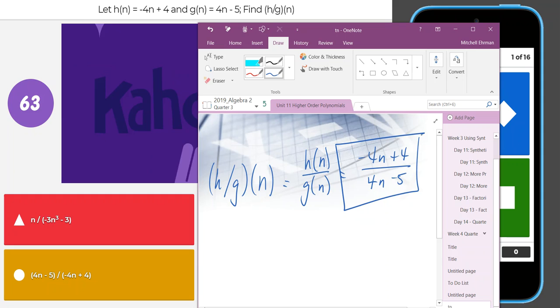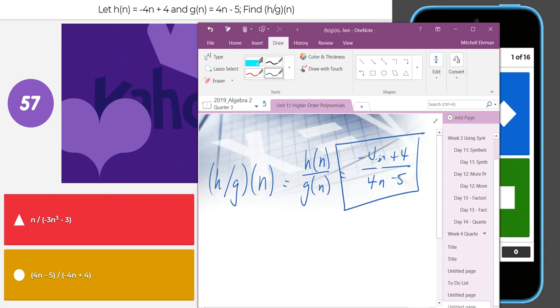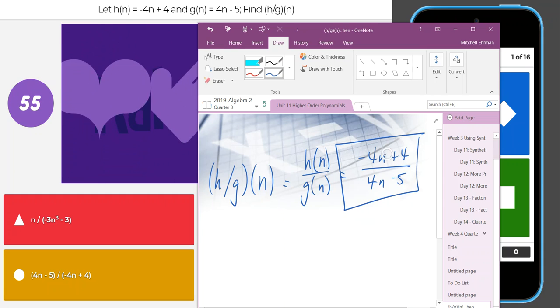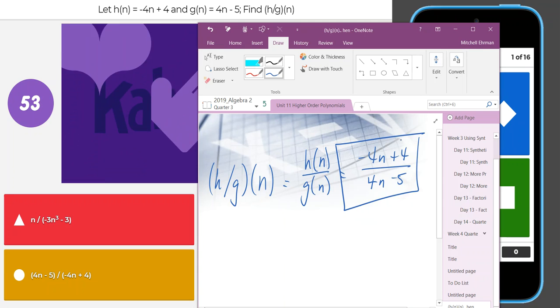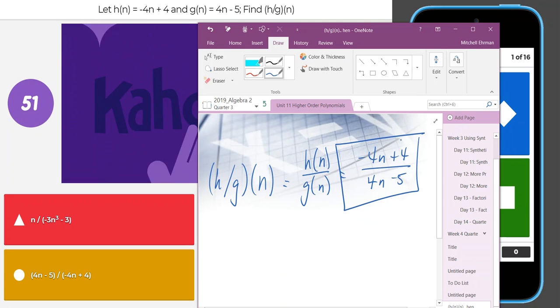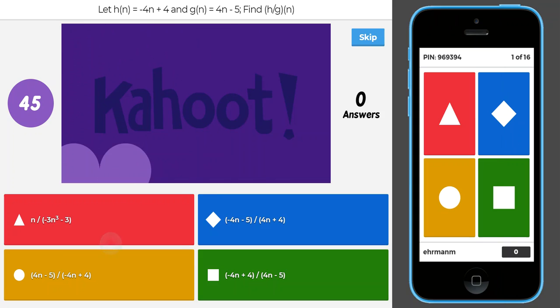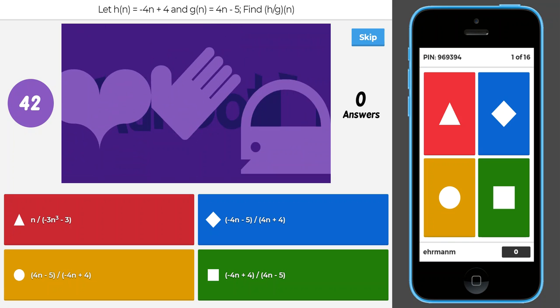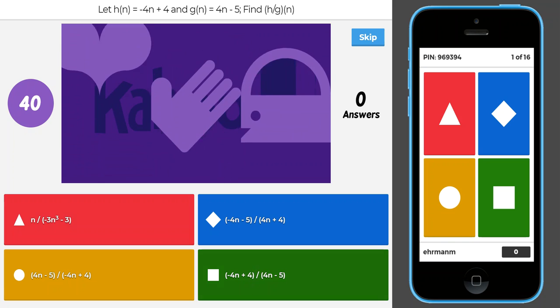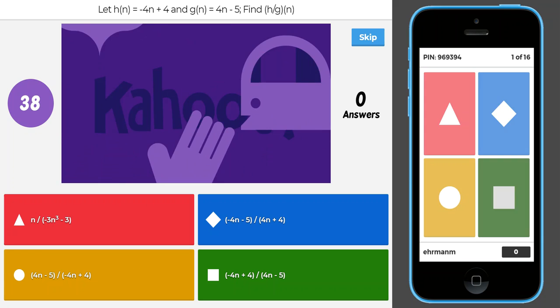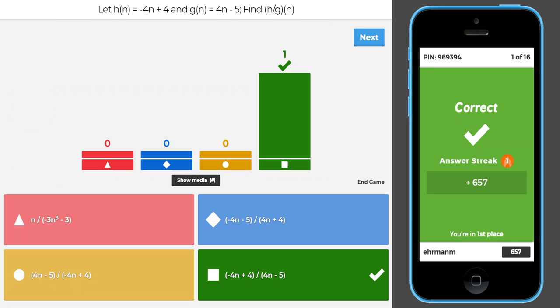And I'd go with that as a final answer if nothing can be simplified, and it doesn't look like that it can. There is a common factor in the numerator, so we would factor that out if we could, but I don't think that that's something that we can actually eliminate in the denominator. So I'm going to look for an answer that has negative 4n plus 4 over 4n minus 5, and it looks to me like square is our choice. There we go.